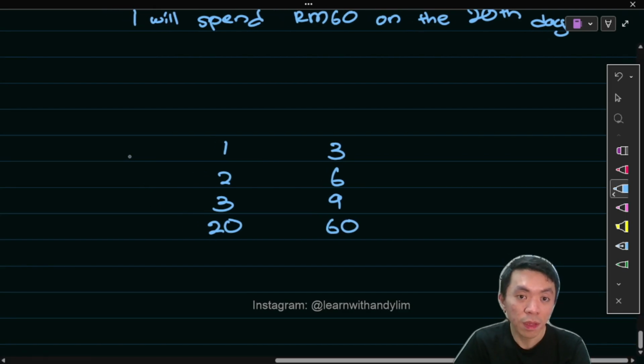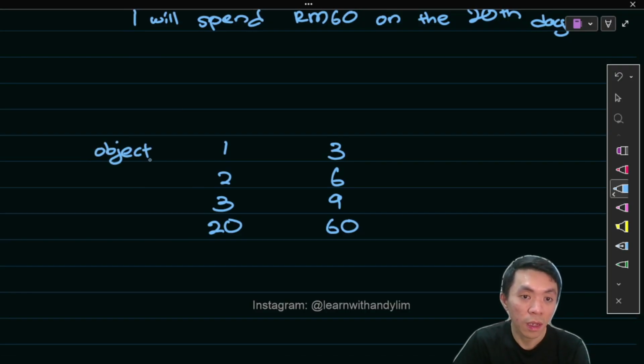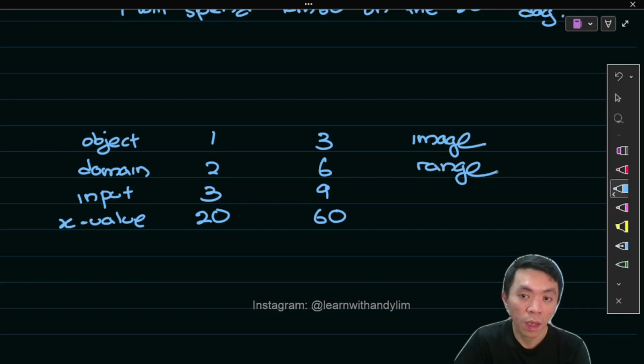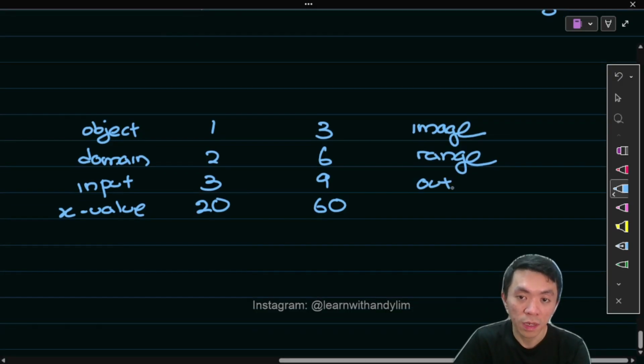Remember guys, on the left side, normally it is my object, my domain, input, and my x value. On the right side, it is always my image, range, and my output.